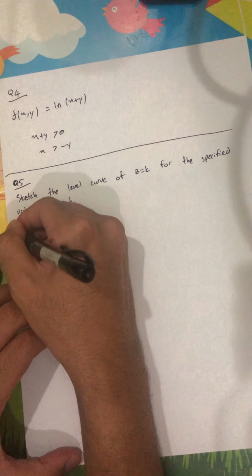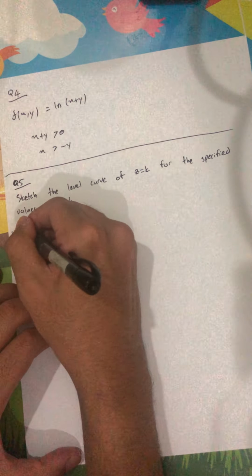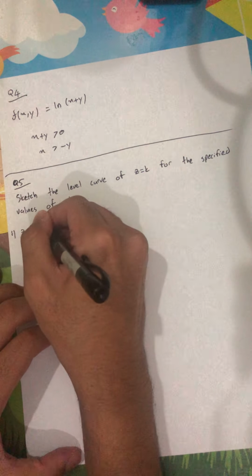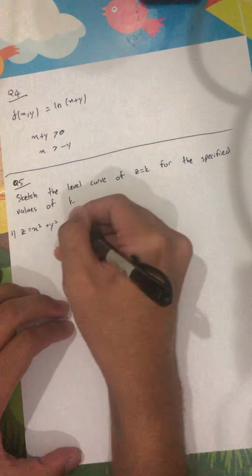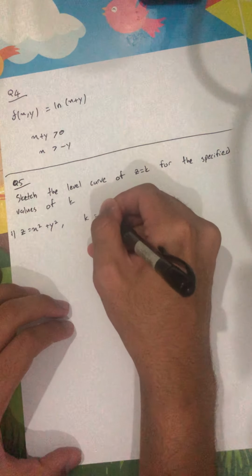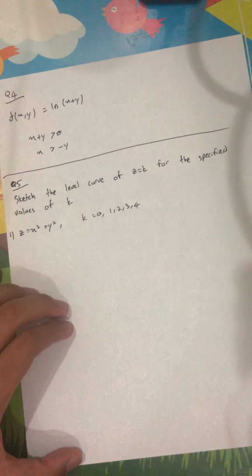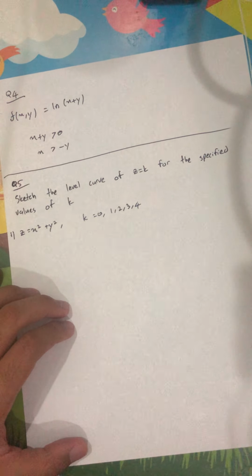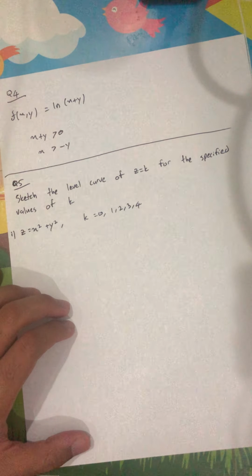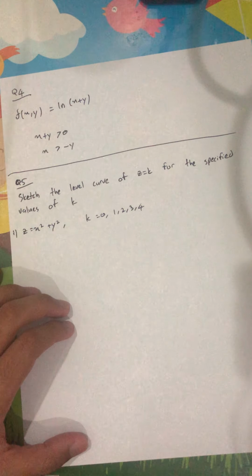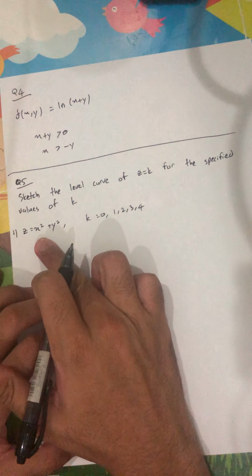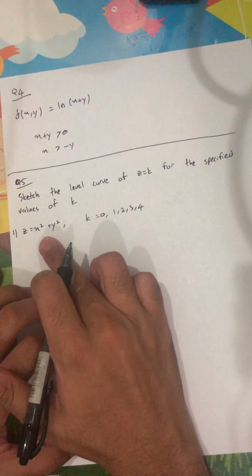So there are two parts. Part 1 is z equal to x squared plus y squared for k equal to 0, 1, 2, 3, 4. Actually there are several ways you can solve this. The easiest way is if you know what shape this function is.